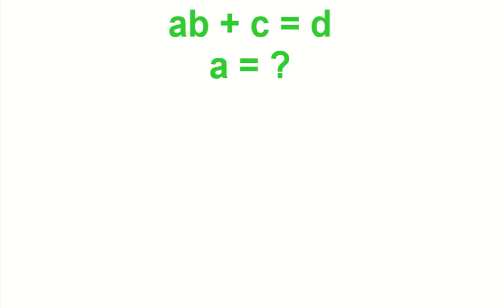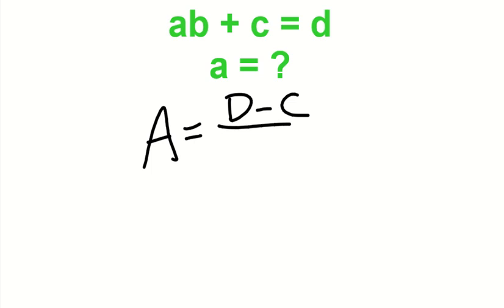Who's got it? So we got A equals D minus C over B.